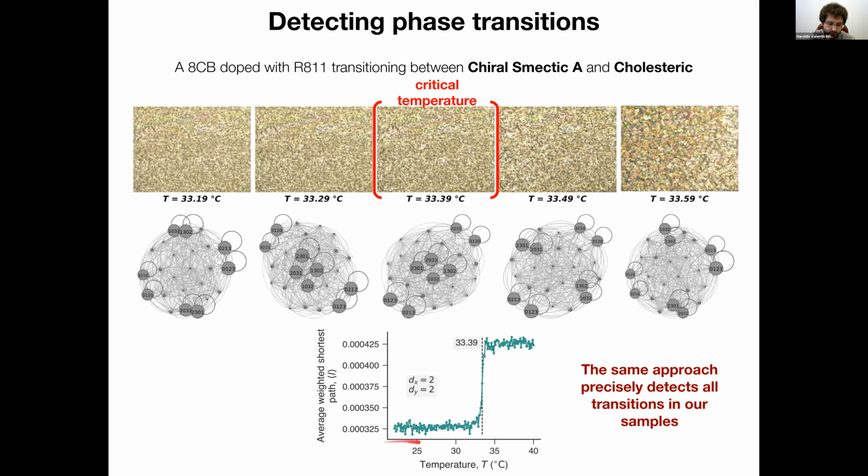I'm actually only showing the average shortest path, but other quantities are equally good. If you estimate, for instance, the Gini index associated with the edges of this network, it will also be capable of detecting the phase transition, exactly as we are seeing for the average shortest path. What we see here is an abrupt change in this quantity as a function of the temperature, taking place around the critical temperature of the transition between the smectic and the cholesteric phase.